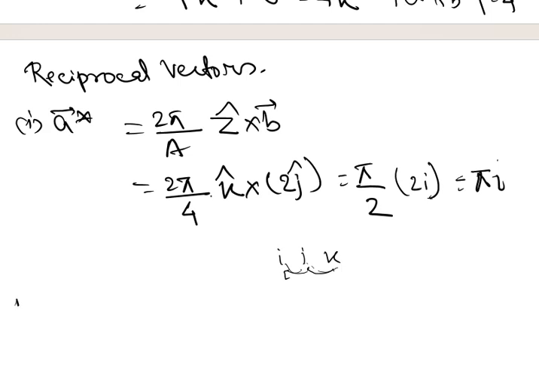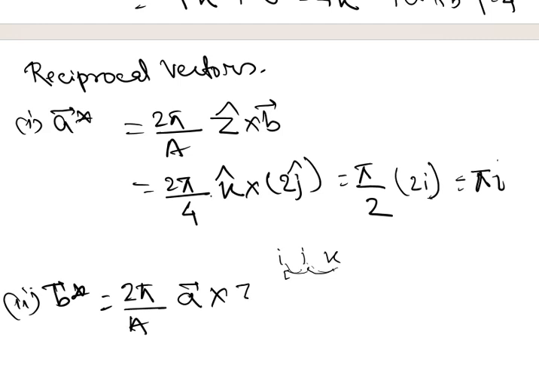Now we compute the reciprocal vector of b. It will be 2 pi by A times (z cap cross a vector).